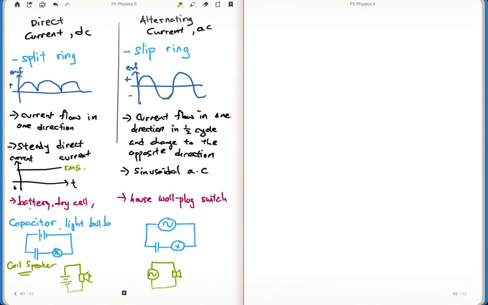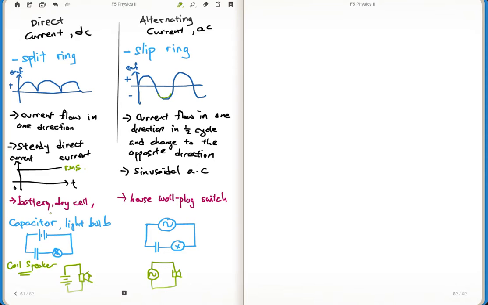Okay, so how do you get direct current? For this direct current, let's say from a battery, you get a flat line. You don't actually get this from the alternating coil as in the previous slides, because a battery doesn't work like that. A battery is an electrochemical cell.